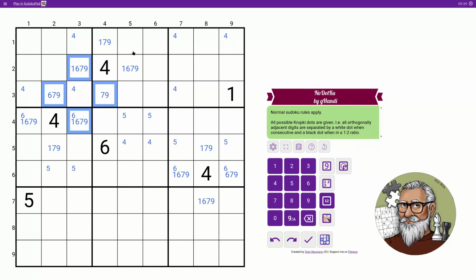I have 5, 2, 3, 5, and 8 still that I need to fit. 2 and 3 can't be next to each other. Okay. And 8 can't be next to the 7 or the 9. Okay, so this one isn't 8.